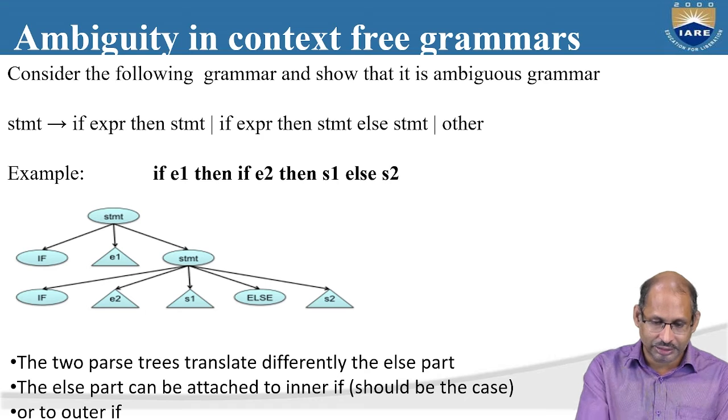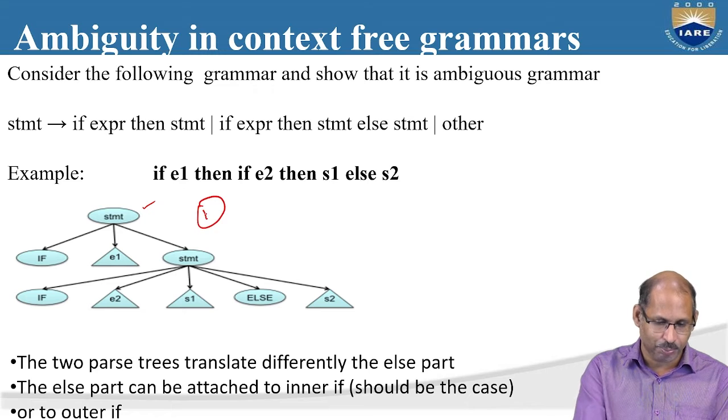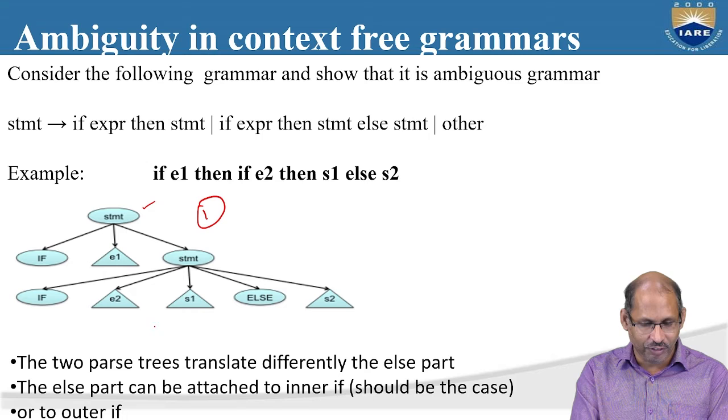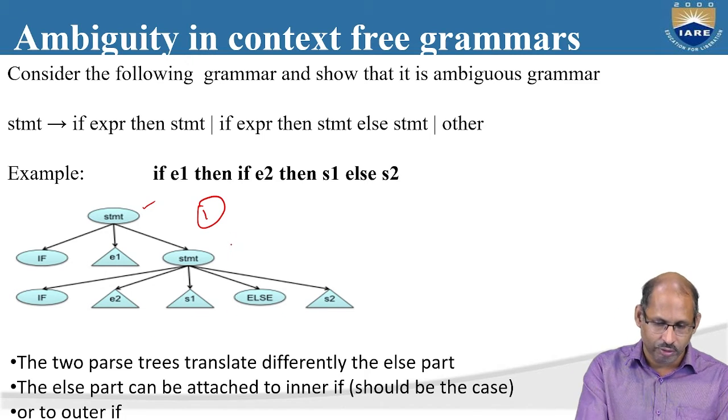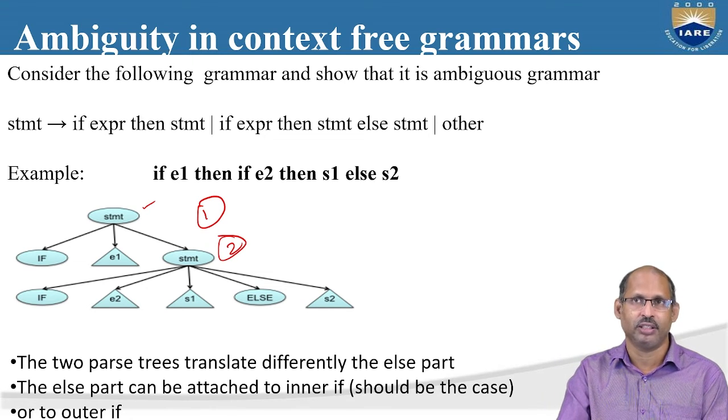The statement gives if expression then statement, so 1 is applied. Then the statement once again gives if expression then statement else statement, so 2 is applied. First production is applied, then second production is applied.